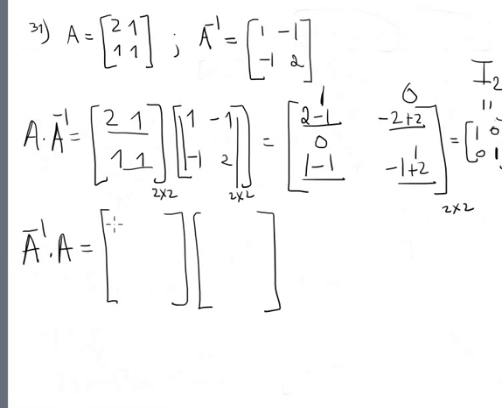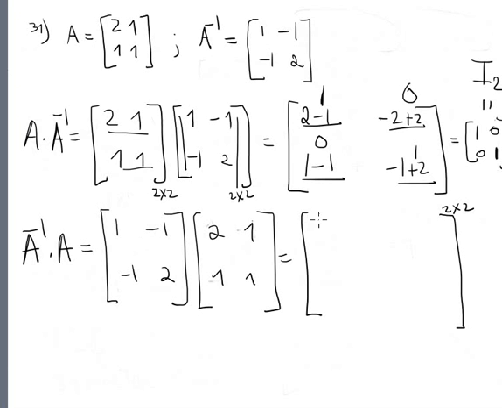Suppose the inverse is 1, negative 1, negative 1, 2, and then the original, which is 2, 1, 1, and 1. Let's do it. 2 by 2 again.